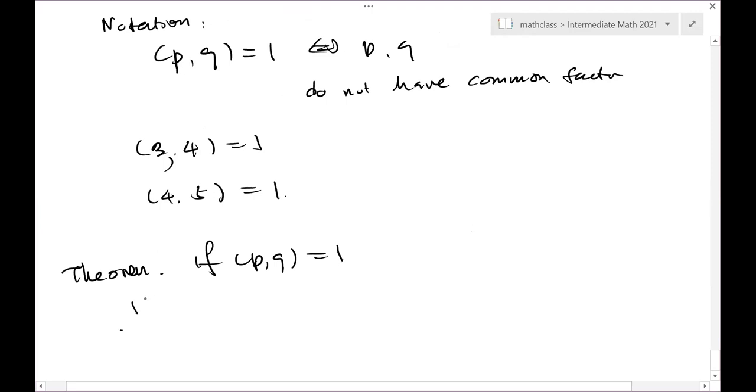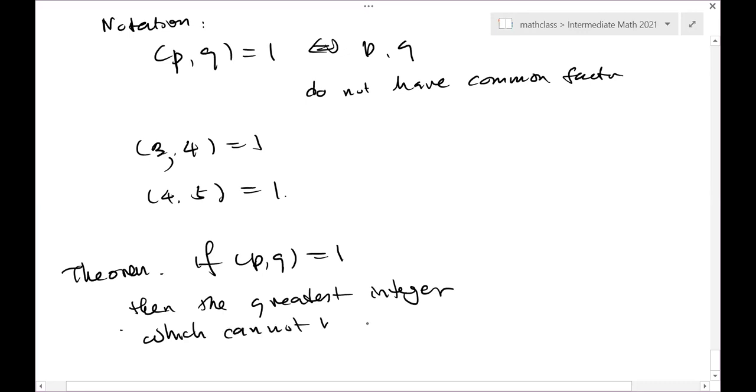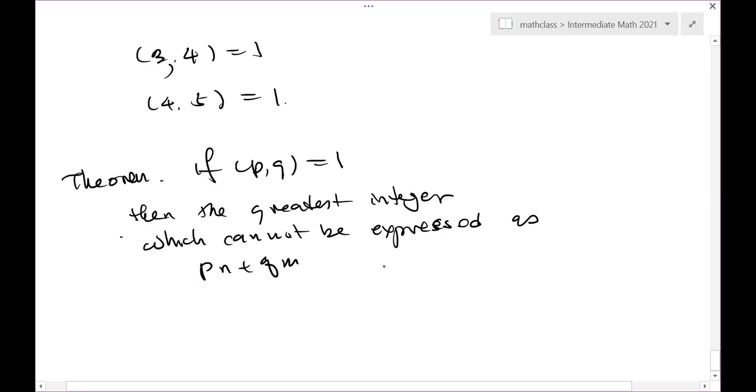Then the greatest integer which cannot be expressed as Pn plus Qm for some non-negative integers is, we find out, PQ minus P minus Q. So that is a fact.